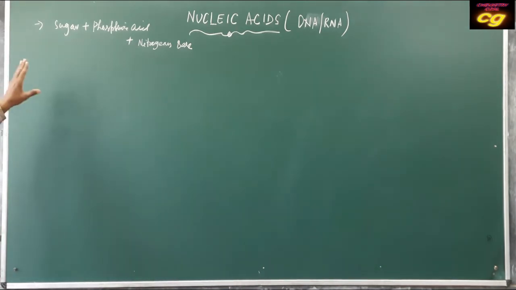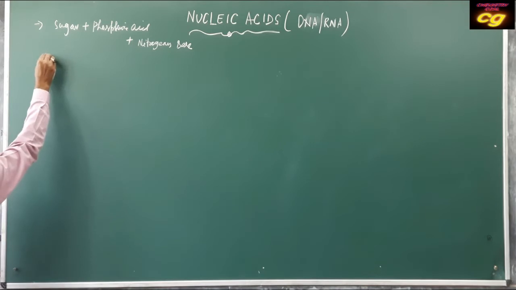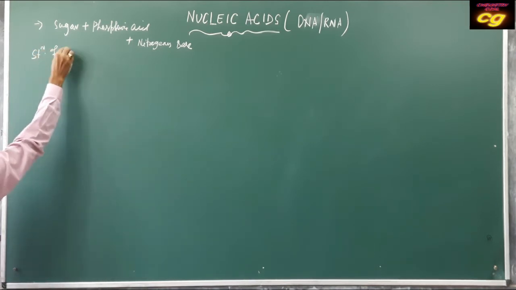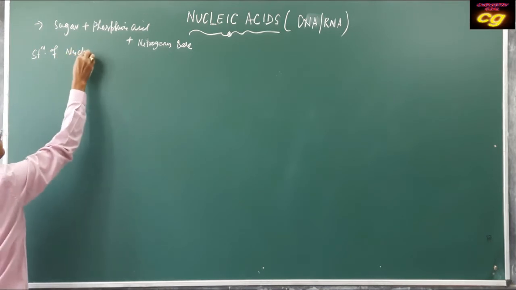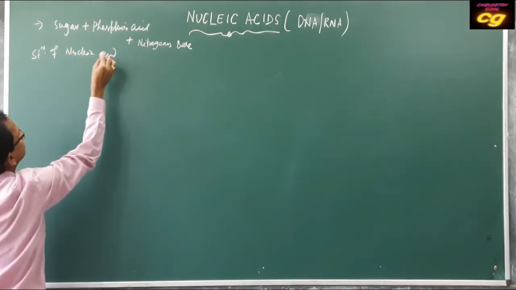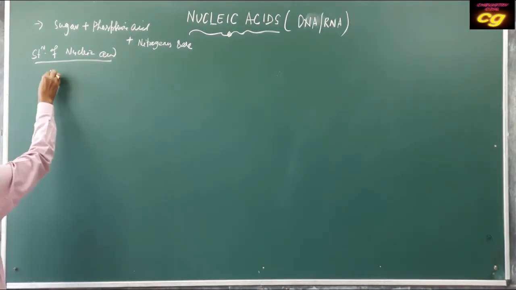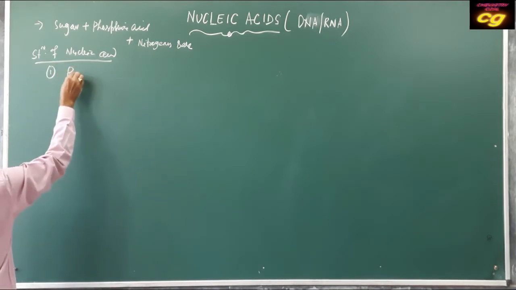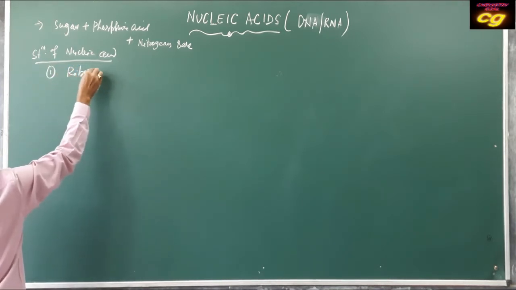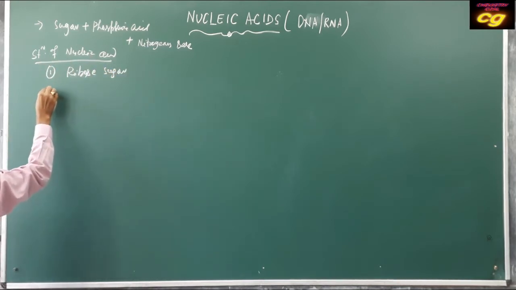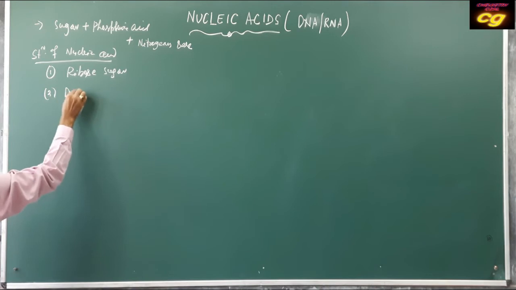Generally, two types of sugar. If you discuss the structure of nucleic acid, you will see mainly it has two types of sugar. One is ribose sugar, another one is deoxyribose sugar.